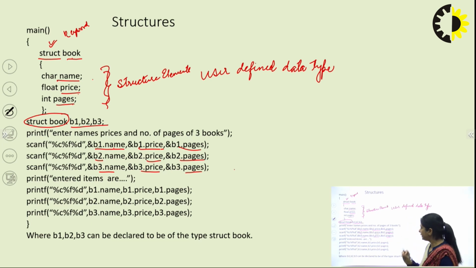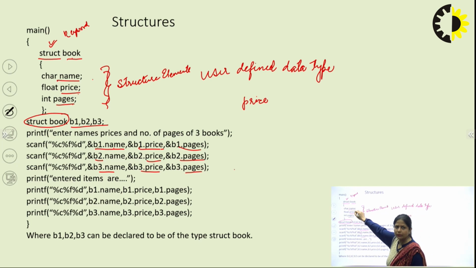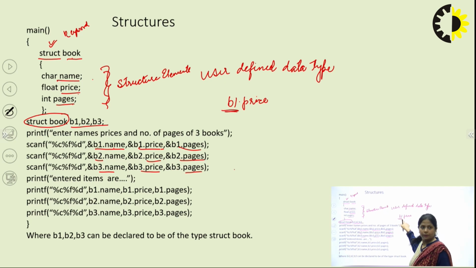Right? So it is important to note that if you are using a structure element, for example, say price, it is mandatory to have a structure variable dot structure element.